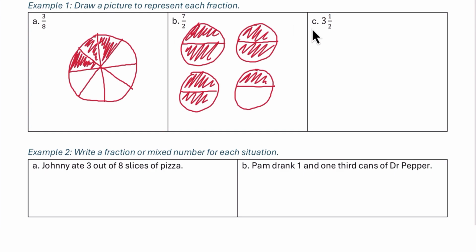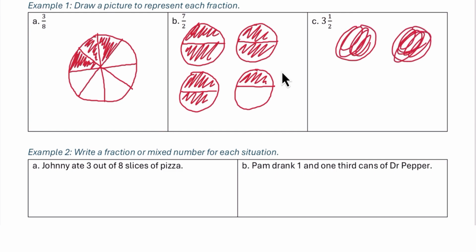Part C is very similar. Notice we could actually use the same picture that we used in part B because we have 1 whole, 2 whole, 3 wholes indicated by the whole number, and 1/2. So we have 1 whole pizza, 2 whole pizzas, 3 whole pizzas, and then half of a pizza.